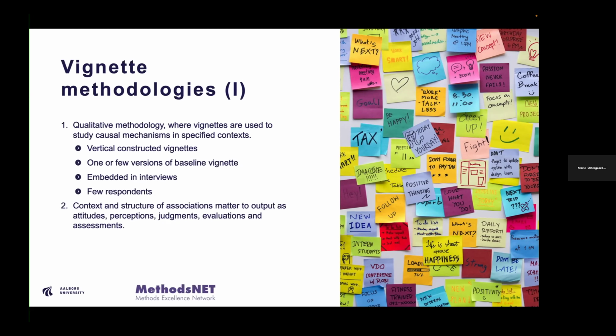So when we know that structure of associations matters to, for example, the role played by social class in a particular context, this is a super good methodology to access these very difficult layers of reality.